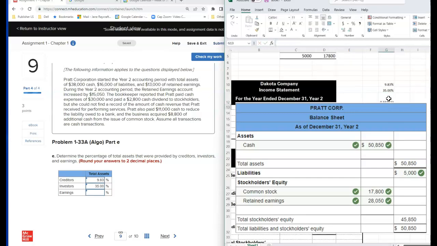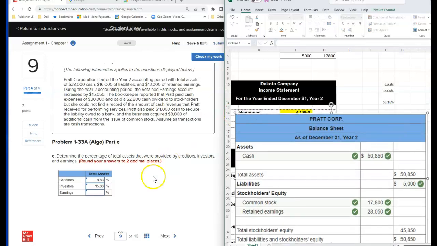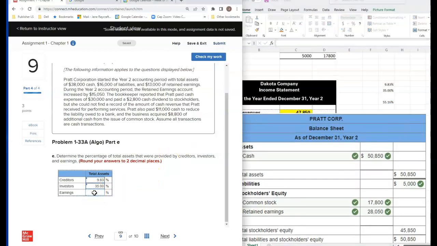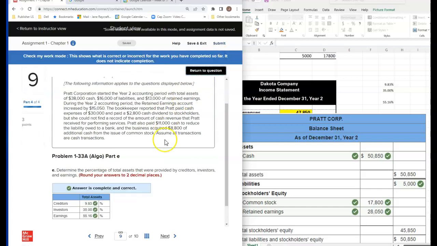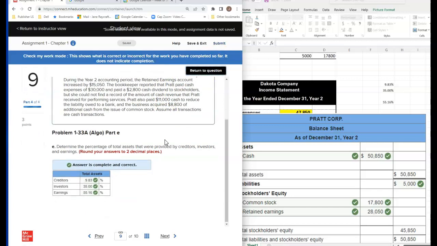We are doing percentages, man, and loving it. Yay, there we go.